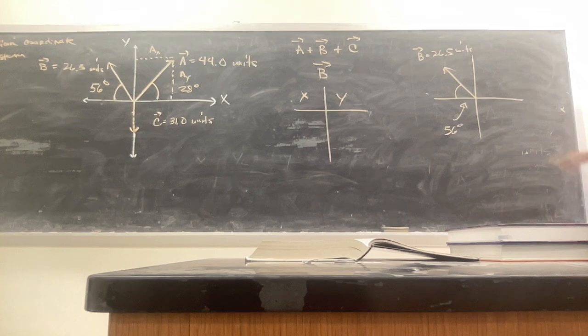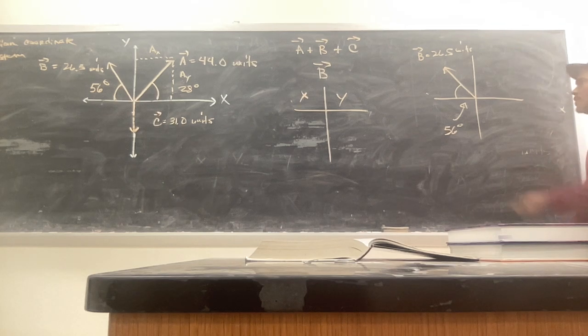So if this is 56 degrees, then from here to here, what's that? 34. Wait, well, 90 plus 34, which is 124.